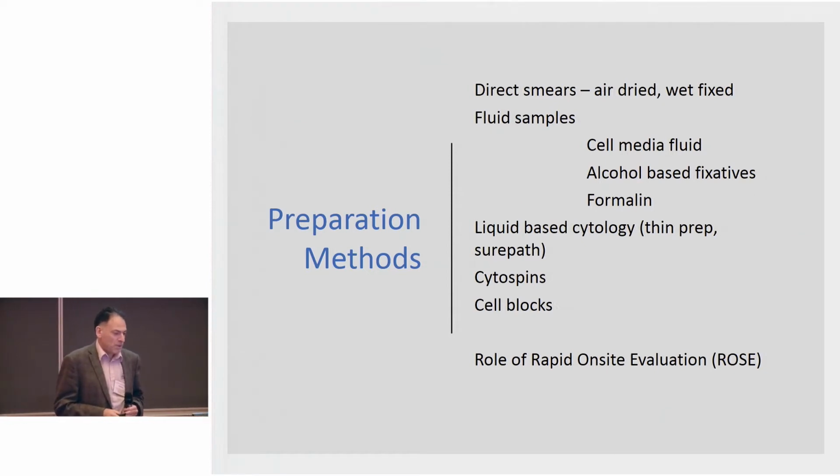And then once you've got that fluid sample, you can use a liquid-based cytology using one of the things which have been designed really for cervical cytology, ThinPrep or SurePath, which work pretty well. Or if you don't have that sort of machine available, you can easily make a Cytospin, which is a somewhat more low-tech machine, but which works very well for this purpose. And then one can also make cell blocks in order to get some sort of histological sample.